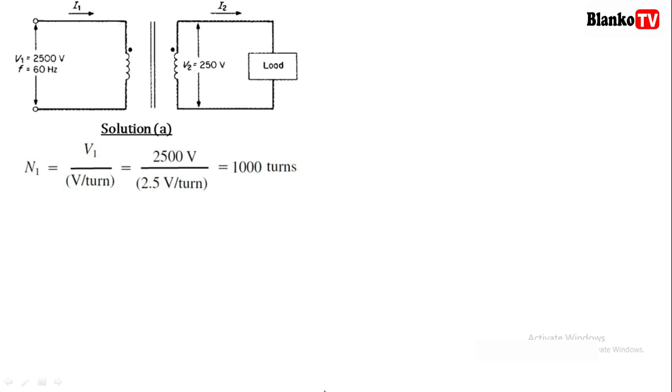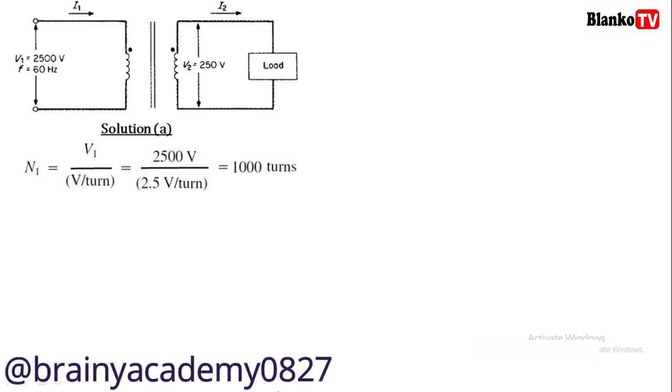So our N1 is what? 1000 turns. Okay, so let's move on to the secondary number of turns, or our N2. So N2 is also equals V2 over V per turn, that is the voltage per turn.